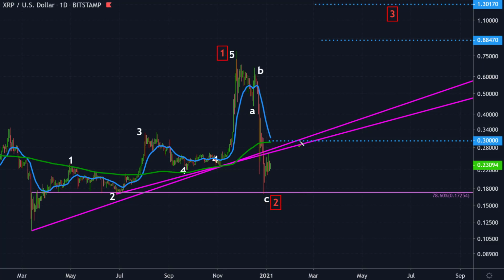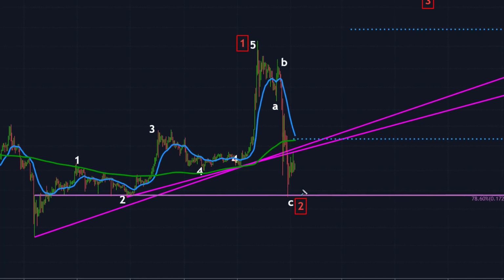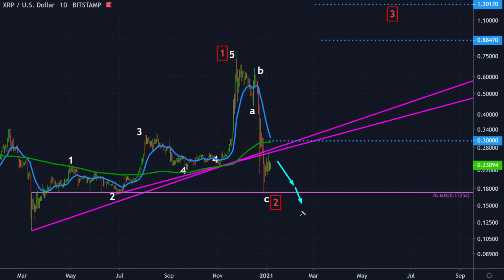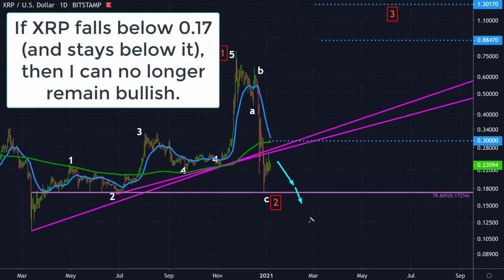Which means, guys, this. I want to make sure we mention this: if XRP was to drop below 0.17 and then follow through lower, then, guys, no. Then I can no longer maintain a bullish bias or perspective on XRP. So I want to make this very clear.